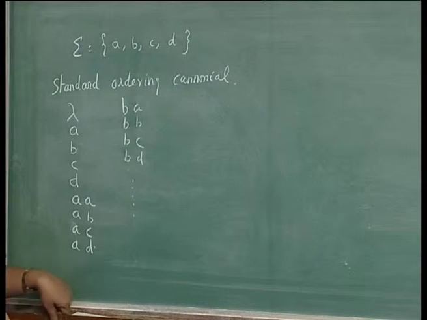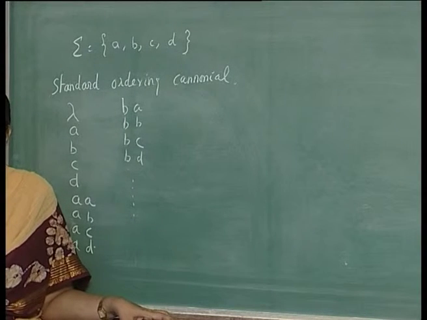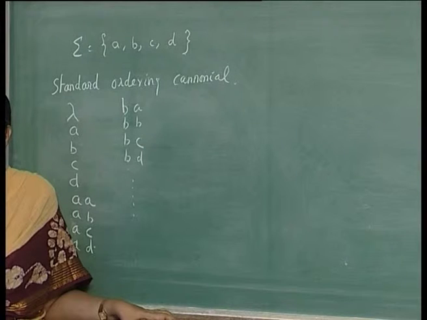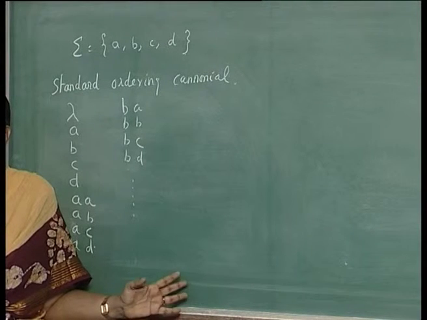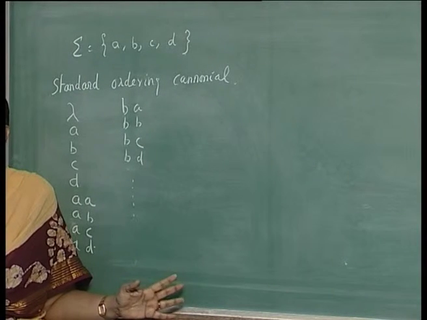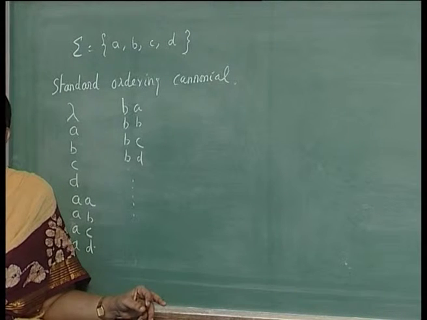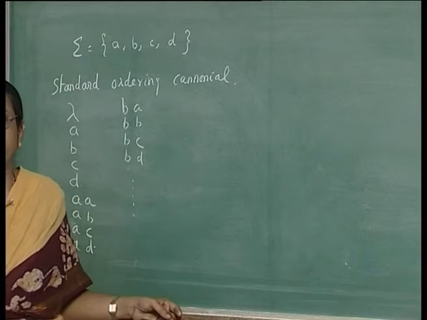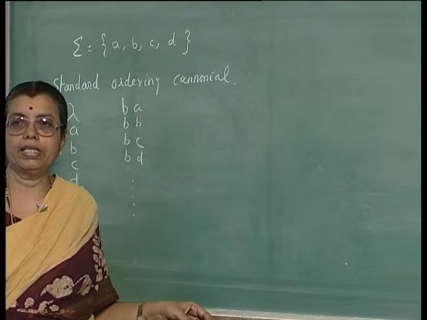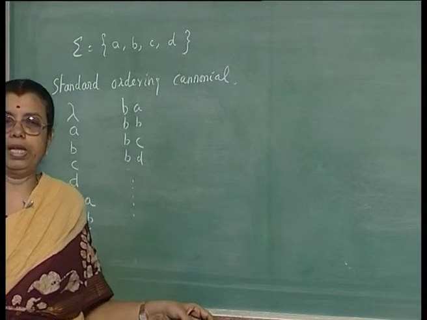Here, as I told you, you can talk about the ith string in the enumeration. If you want to say what is the 27th string in this enumeration, you can say so. This is an enumeration of strings over sigma, and this idea is very useful in many places.